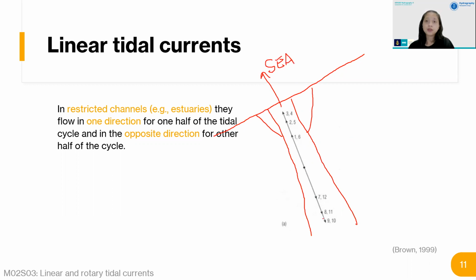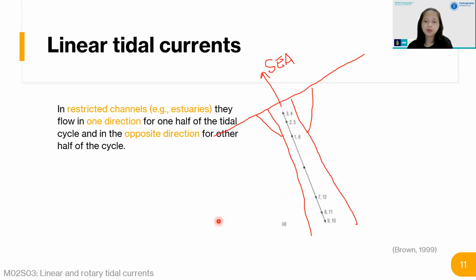If it is a river, the movement is simply like that. When it's ebbing, going to the sea, it's going that way. And when it's flooding, it's going that way. So half of the tidal cycle is in one direction and half is in the opposite direction.